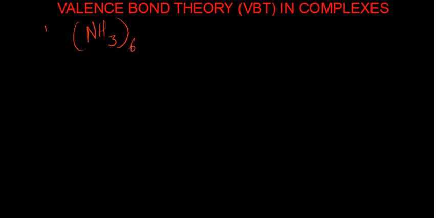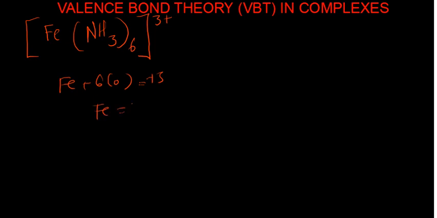Let's say I use iron, and the complex we are forming is 3 plus. What will be the compound formed? So we've got iron reacting with 6 ligands. Ammonia is a neutral molecule, and that is giving us 3 plus. So it means our ion has an oxidation state of 3 plus.